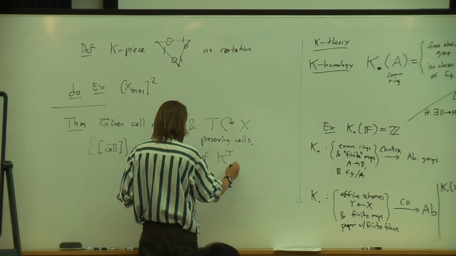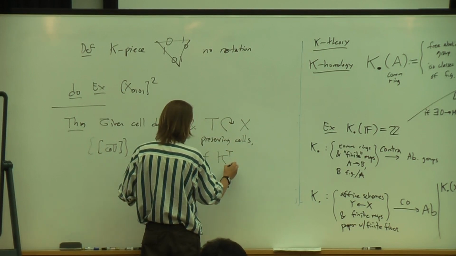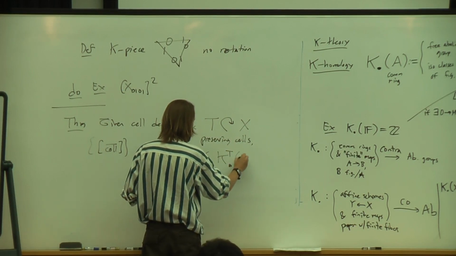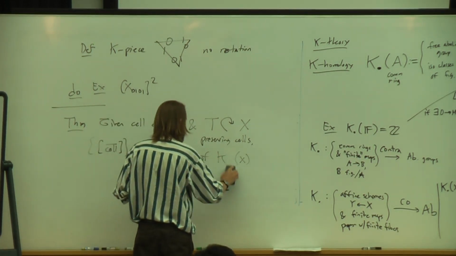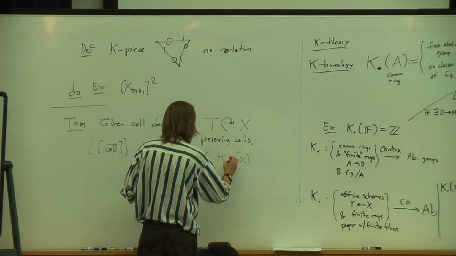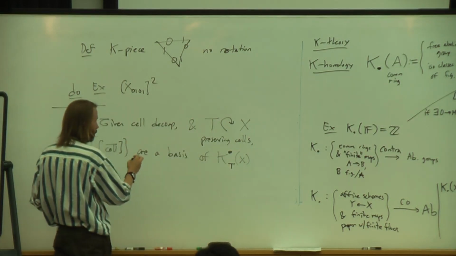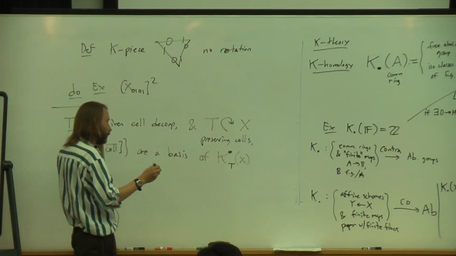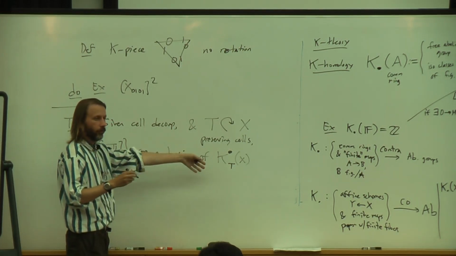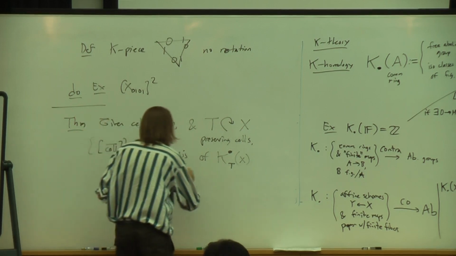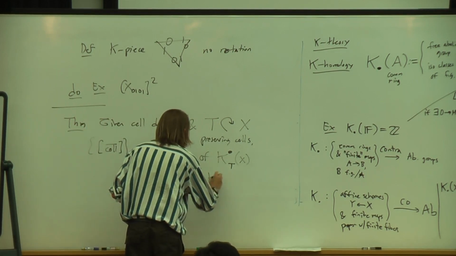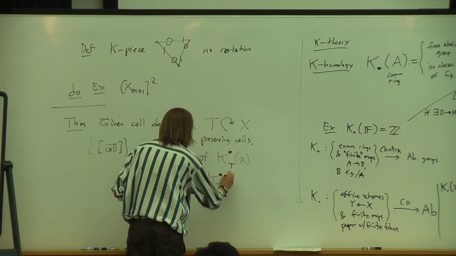This is now the K_T equivariant homology of X. But I'm going to be working in cohomology now. Doesn't matter. They're no longer a basis of this because this is so much larger, as it turns out. They're a basis of this over the K_T equivariant homology of a point.